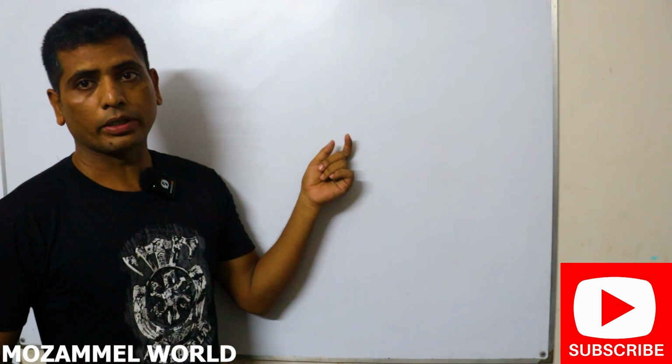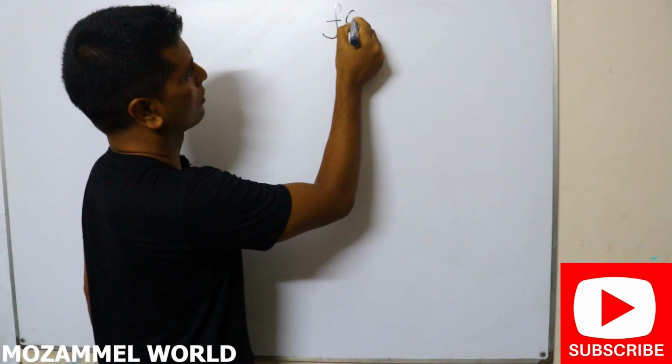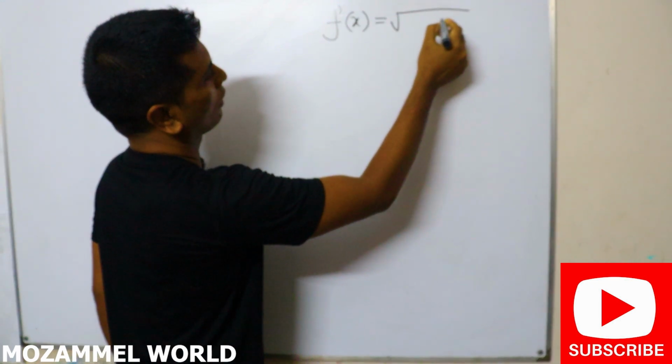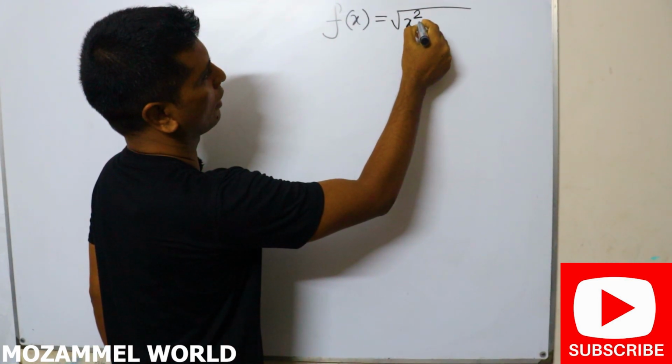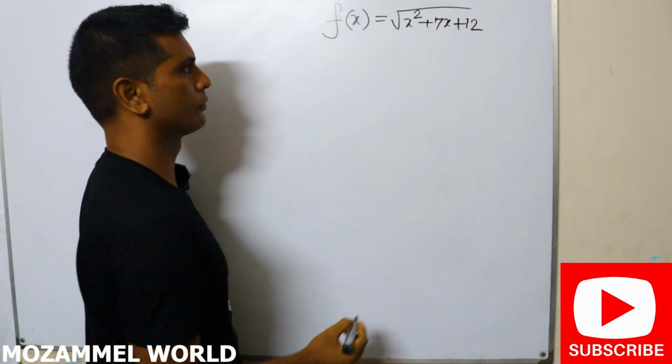Okay, I'm going to show you another example. f of x equals root over x square plus 7x plus 12.